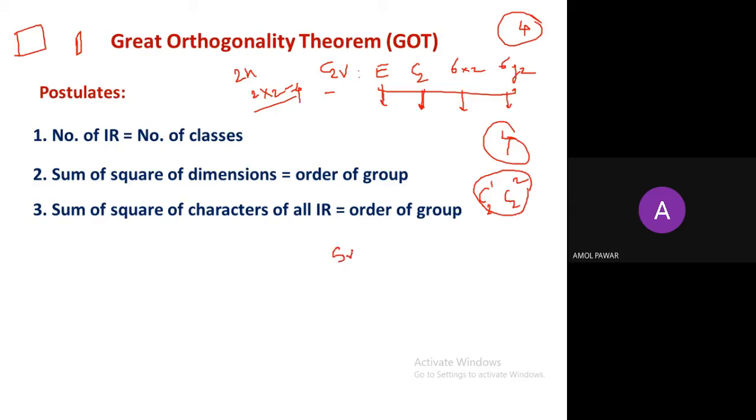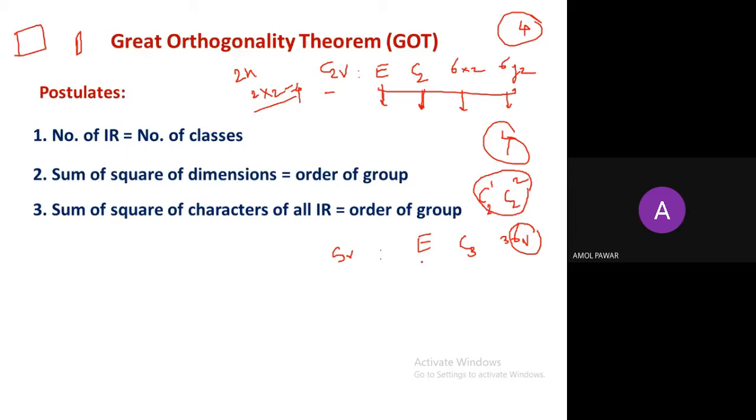What about ammonia? C3V. If I write C3V, identity, 2 C3 and 3 sigma V. But the sigma V elements have the same characteristic: the first sigma V, second sigma V, and third sigma V are similar in the ammonia point group.